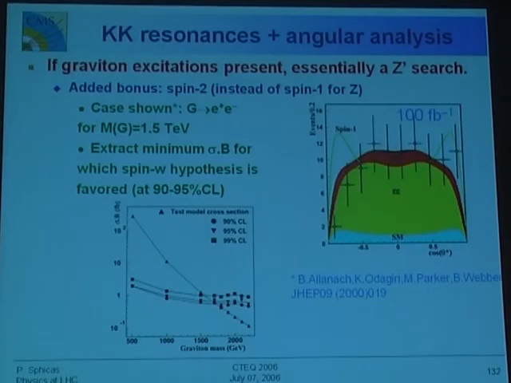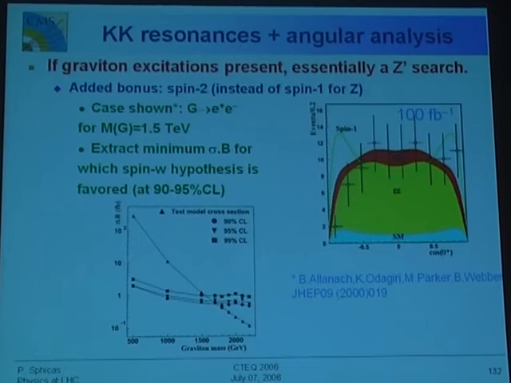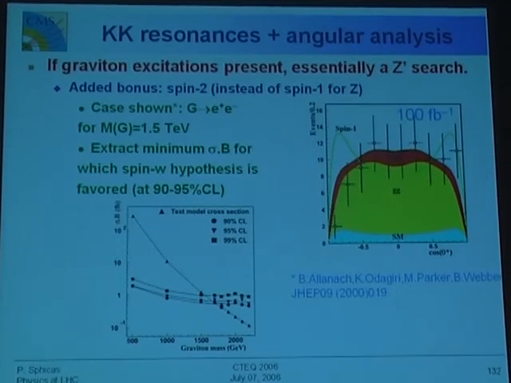I'll skip those. And then finally, what would be the smoking gun? The smoking gun would be to accumulate enough statistics in a Z prime search to make a spin analysis and to measure the angular distribution and to observe something like this, cosine theta star. This is with very large luminosity out of a graviton that goes to dielectrons of 1.5 TeV, and to see this distribution instead of the green that would correspond to the spin 1.